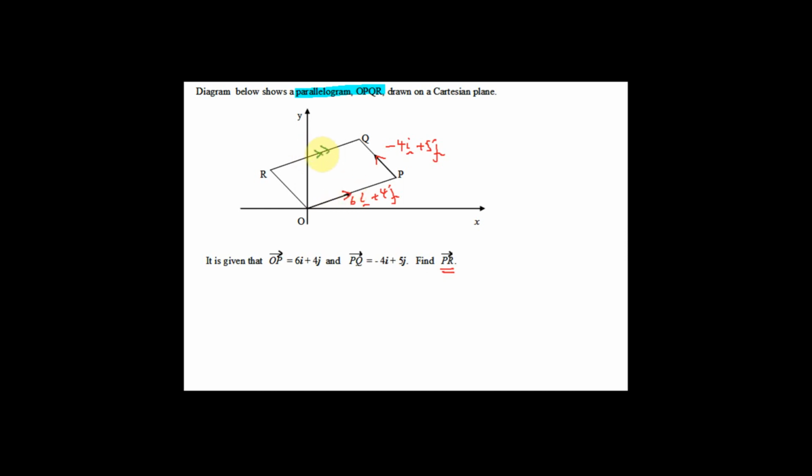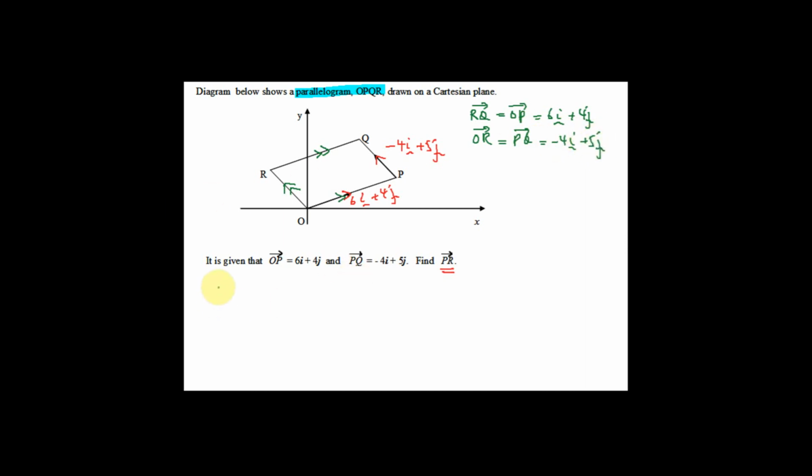You have OP. This vector is equal to the vector RQ. RQ is the same as OP, which is equal to 6i plus 4j, and your PQ equal to OR. So OR equal to PQ, which is equal to negative 4i plus 5j.